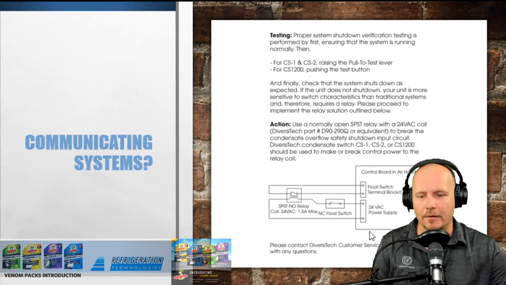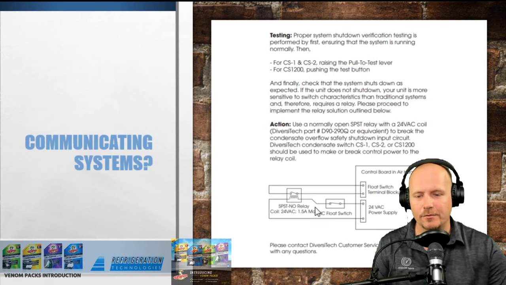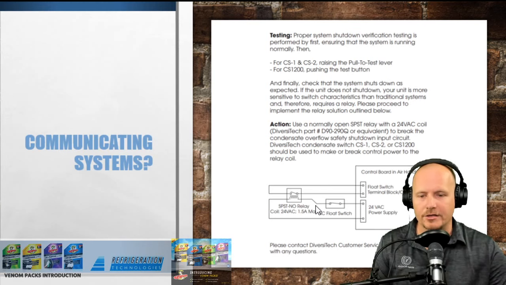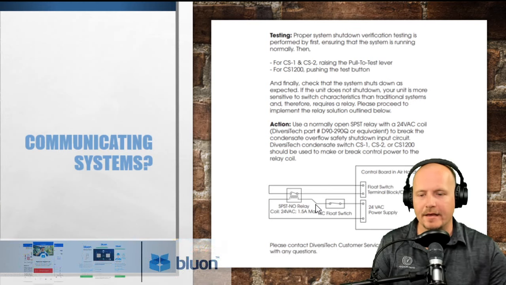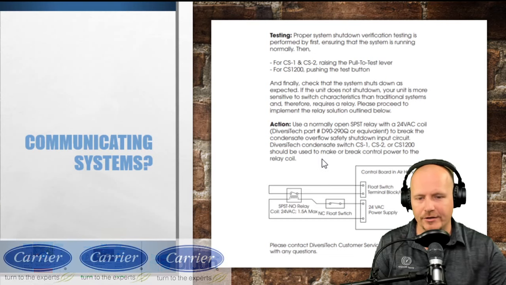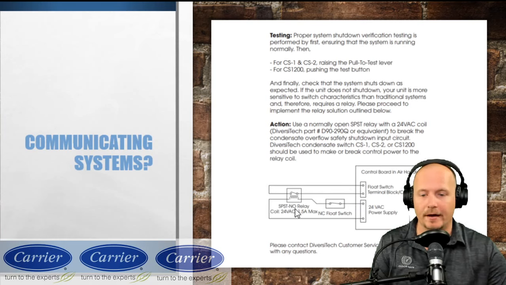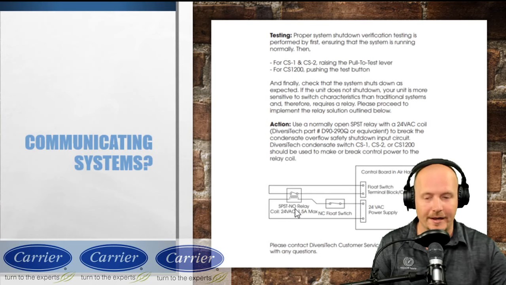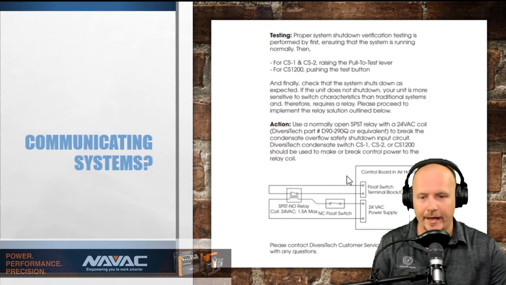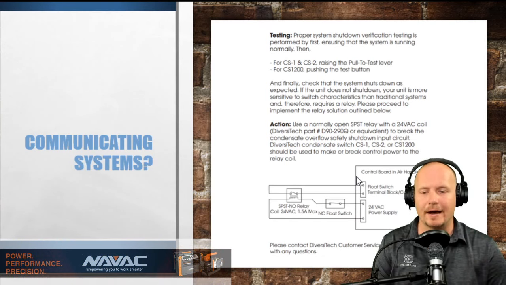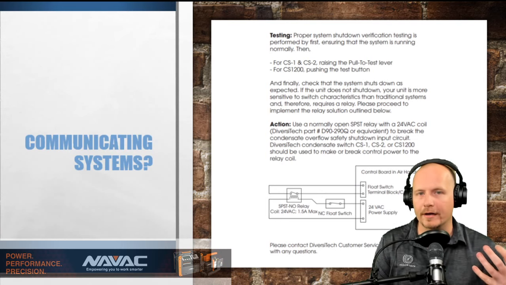that's something to consider. But what Diversitech's saying here is that they were actually running into cases where the switch being used in the float switch was actually not functioning properly with a communicating type signal. And so they actually said that if you're having issues with the test where it doesn't shut the system off, then they want you wiring it through a relay like a 9340, 9380 type relay, which is interesting and kind of tells us a little bit something about how the switches are in float switches.